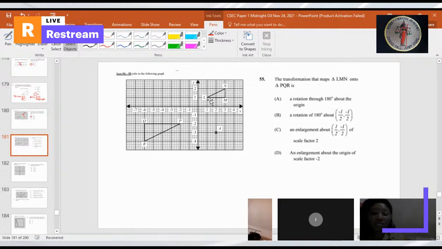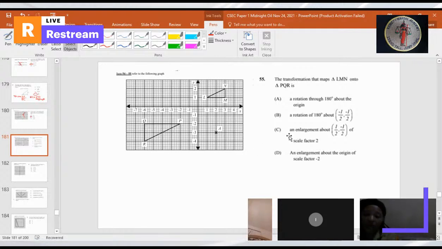We can rule out the rotations because rotation does not affect the size. Rotation doesn't change the size of the object in the image, right? So we can pretty much assume it's an enlargement since this original triangle is smaller than the image.